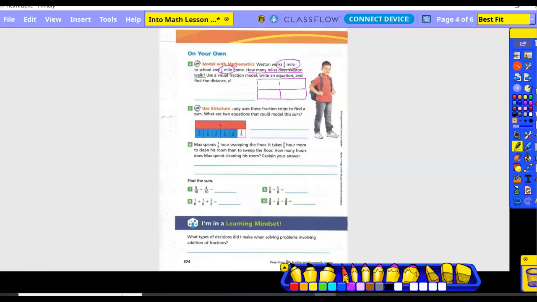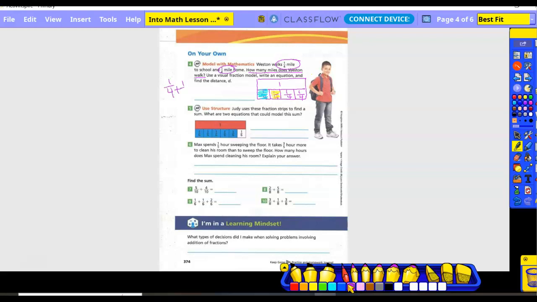So I'm going to break him into 4 pieces. Okay, so a little bit darker, but to where I can still see it. How much does he go to school? 1/4, right? Okay, how about to home? 1/4, right?